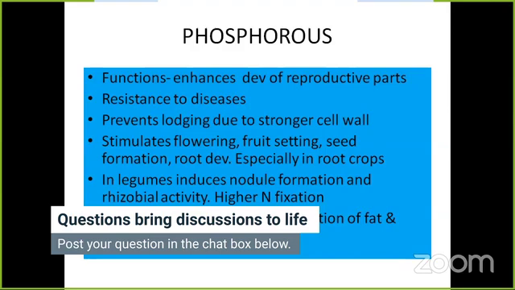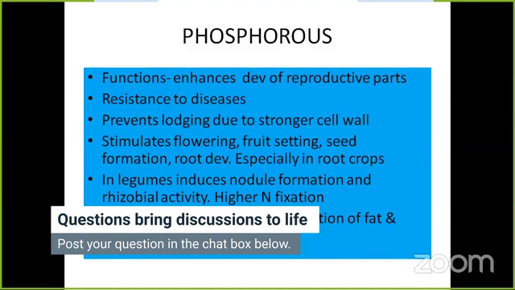Then it stimulates flowering. Proper phosphorus stimulates flowering, fruit setting, seed formation, and root development, especially in case of root crops. Whatever is grown under the ground, it will be helpful in the formation of these roots.